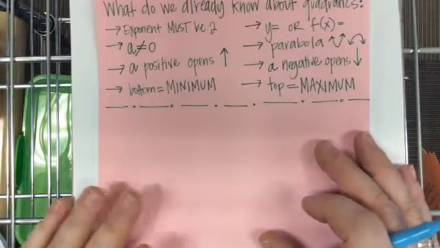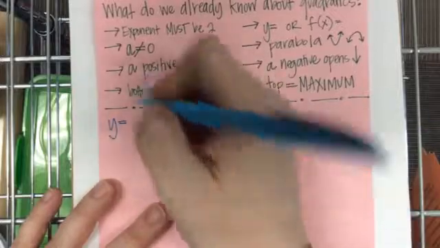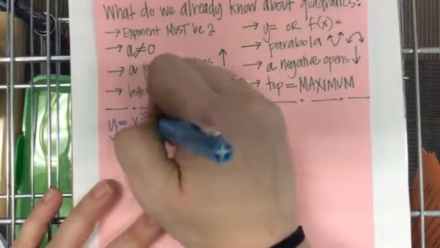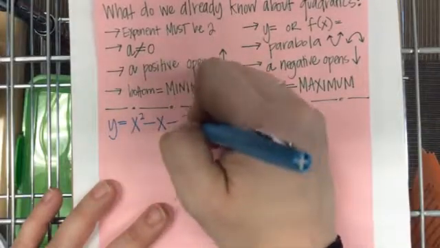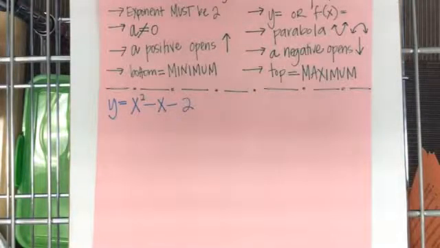All right, so let's continue our parabola studies, or our quadratic studies. Here's a quadratic, correct? Yes, it is a quadratic. It has an exponent of 2, a value is not 0, and there's a y equals, or f of x equals.